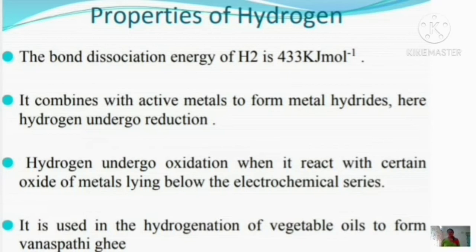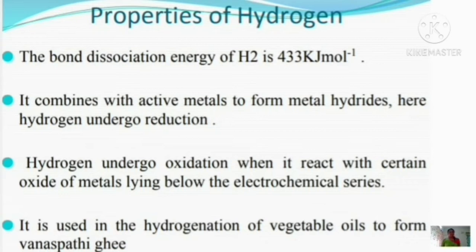Similarly, hydrogen can also act as a reducing agent when certain oxides of a metal lying below hydrogen in the electrochemical series react with hydrogen. For example, copper. Copper is less reactive than hydrogen because copper lies below hydrogen in the electrochemical series. So when we take copper oxide and react it with hydrogen, it gets converted into copper and water.